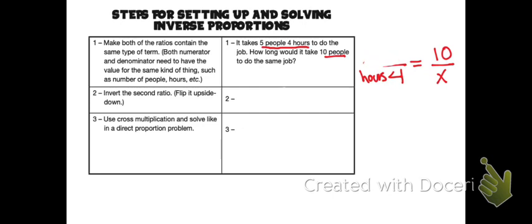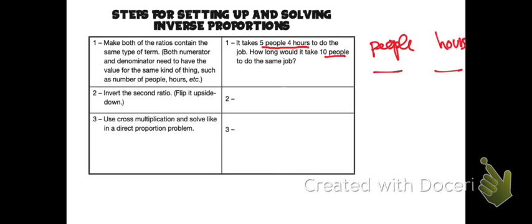We need to have one of our fractions, one of our ratios being people, and the second ratio to be hours. So if we set it up that way, the top of the fraction needs to be one piece of information.